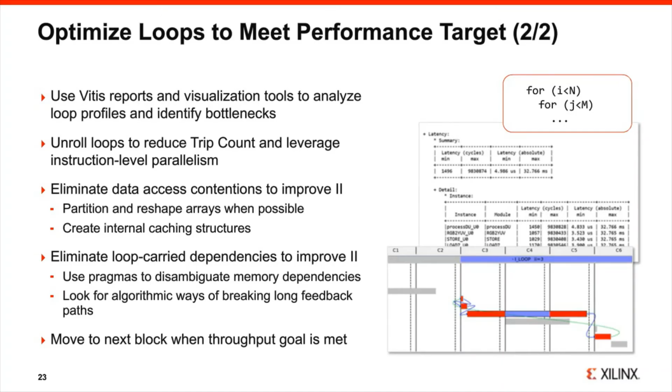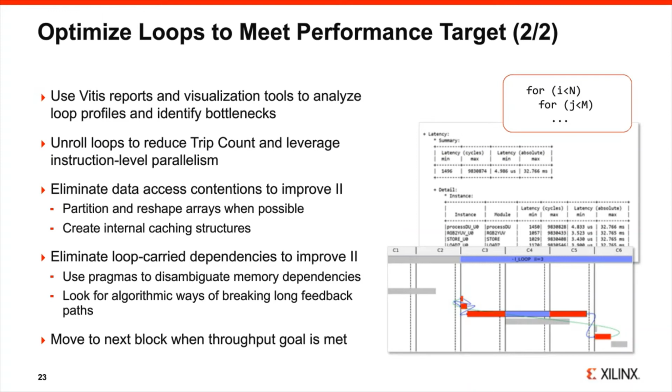As a result of compilation, tools give you lots of reports, including a loop profile, showing you all the numbers I talked about. Vitis provides a graphic tool to view the reports and identify the bottlenecks. After locating the bottleneck and combining that with your understanding of the algorithm, you may adopt different methods to optimize the design. For example, loop unroll pragma can be used to reduce trip count as it increases the level of parallelism.